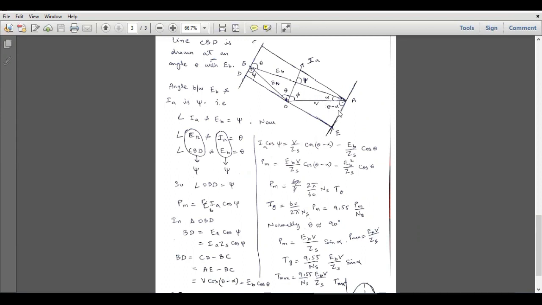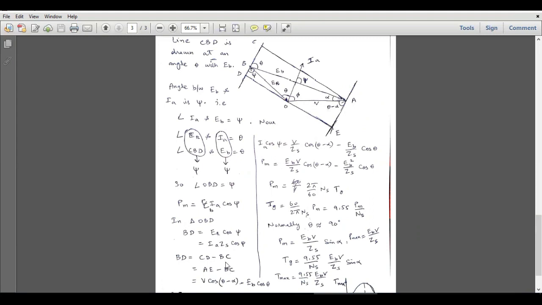And this is a right angle triangle. From this triangle, we can calculate AE. So AE is equal to V times cos theta minus alpha, because this will be the sine component and this will be the cosine component.